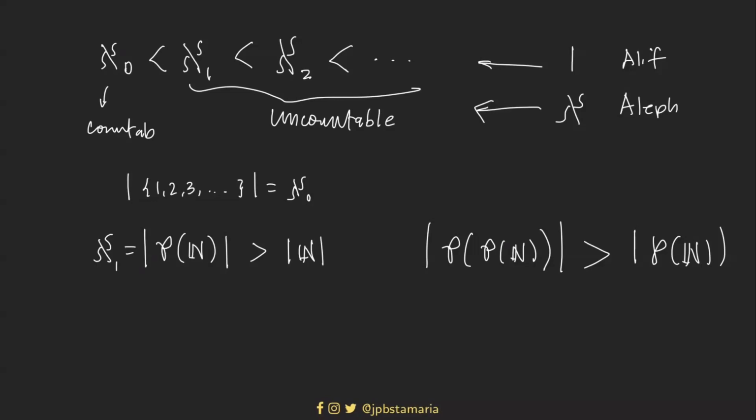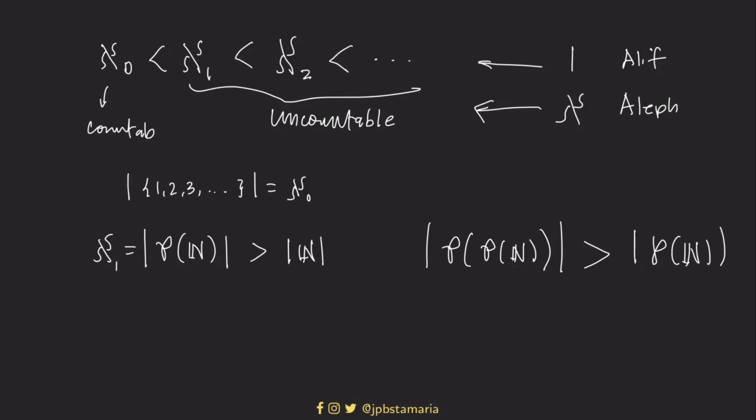It can be proven that that question cannot be answered by the axioms of set theory. The set of axioms that we have in set theory cannot answer that type of question. So we cannot objectively answer it by a yes or a no.